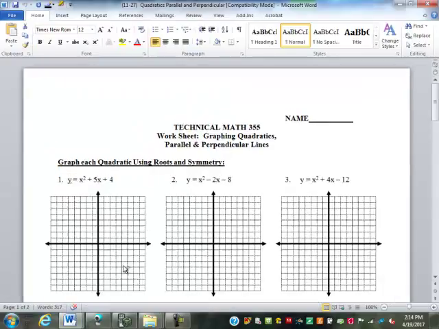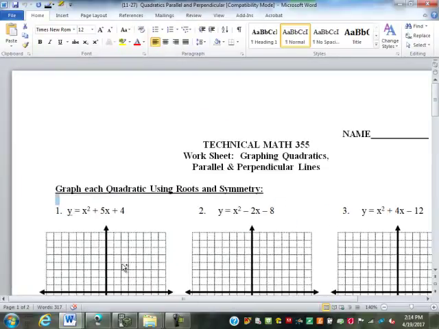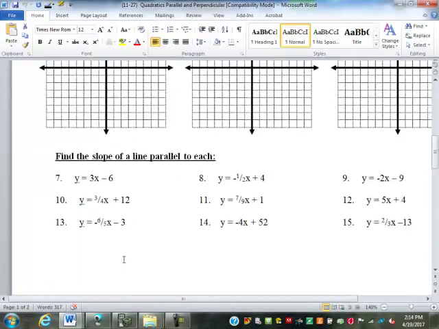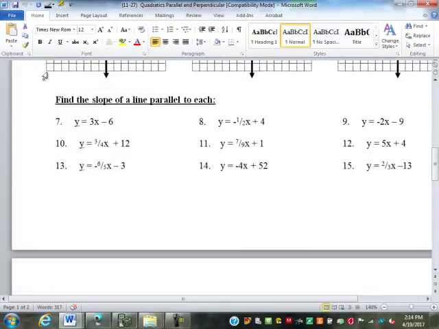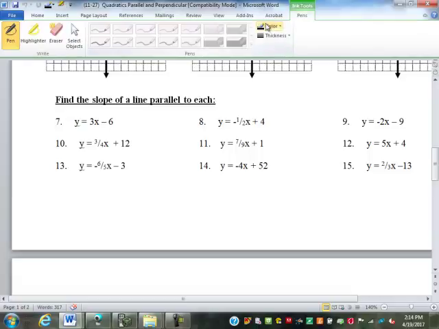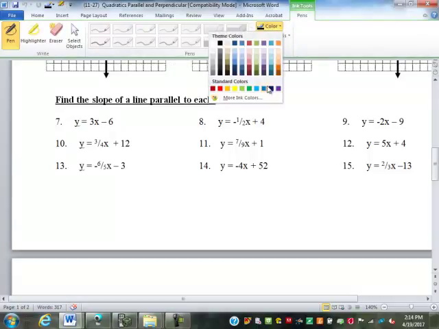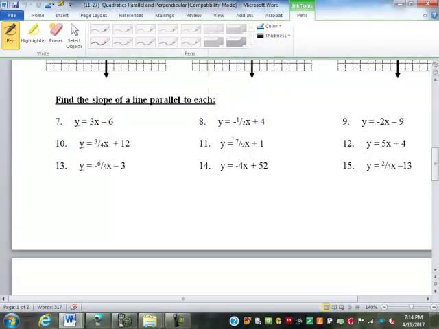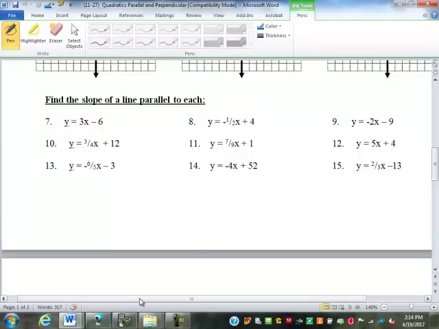Then we talked about parallels and perpendiculars. So this is the worksheet you got on the Friday that we last met. This first piece here, I just want to identify what the slope of a parallel line would be. So to figure out what the slope of a line parallel to this one would be, I have to figure out the slope of this line. So for number 7 here, y equals 3x minus 7.